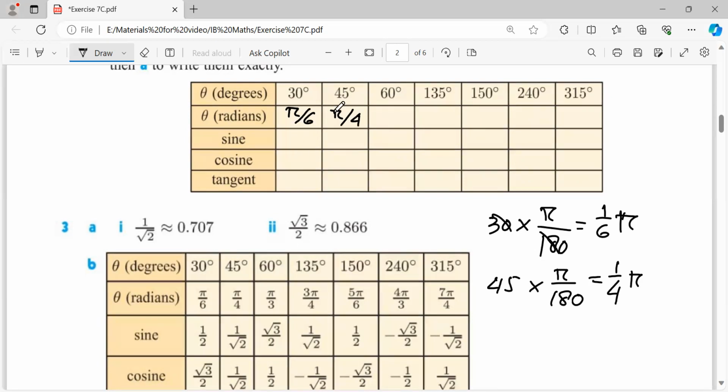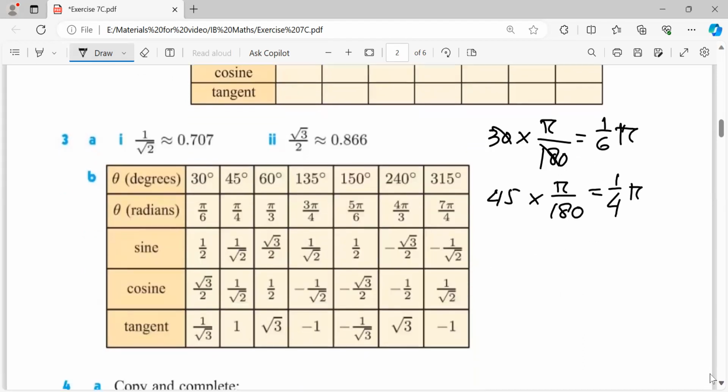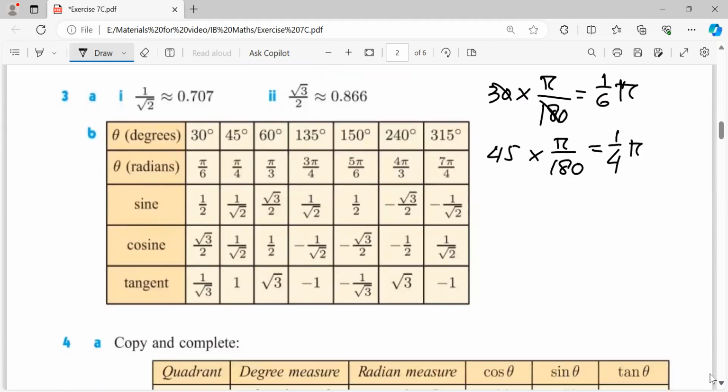So how about sine? Sine 30 equals half, and as well sine 45 equals 1 over square root of 2. And for tangent, tangent equals sine over cosine.